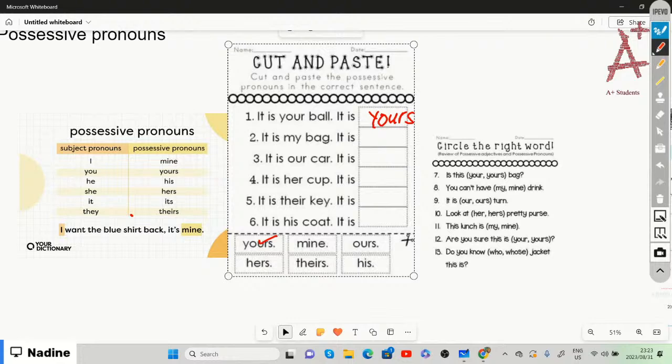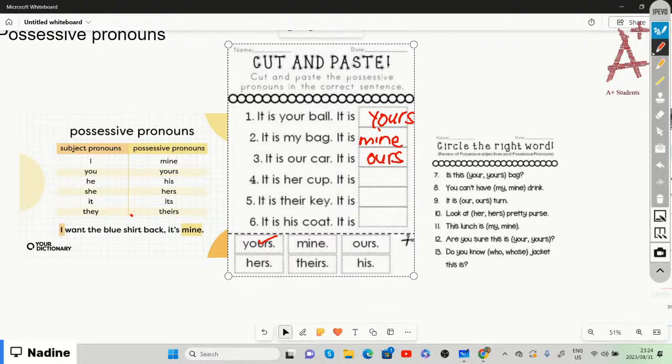If it is my bag, then we can say it is mine. It is our car. So if it is our car, then we can just say it is ours.